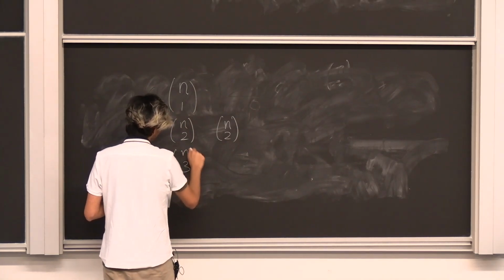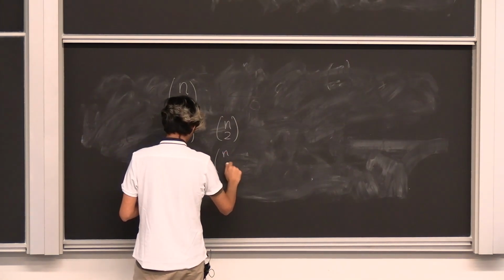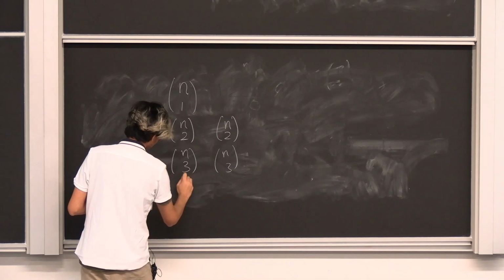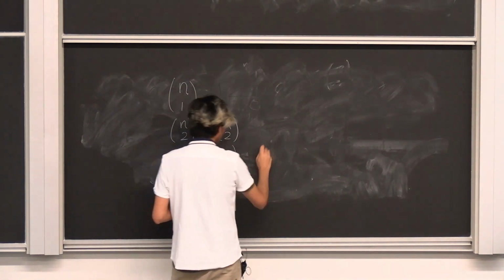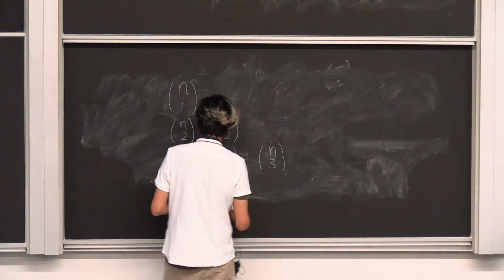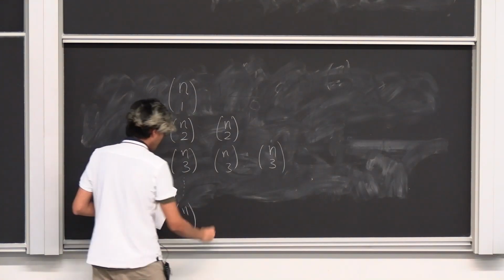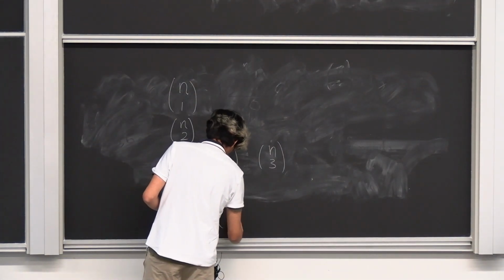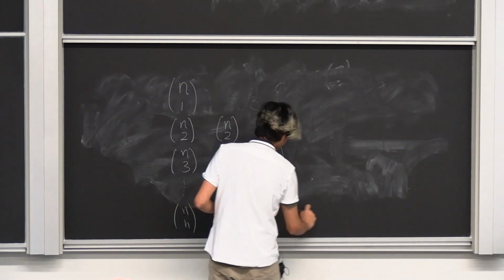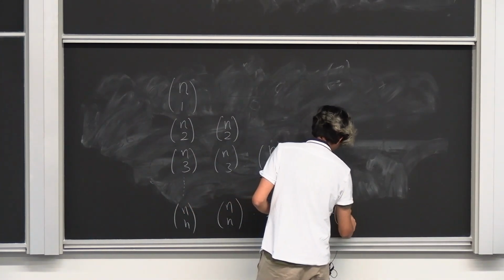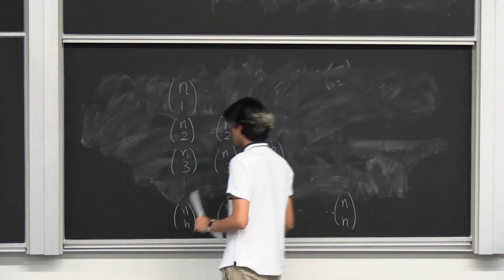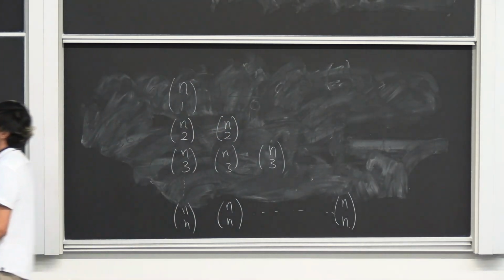Then we have n choose 3 many times, 3 times. And then so on and so forth up until we have n choose n, n times.